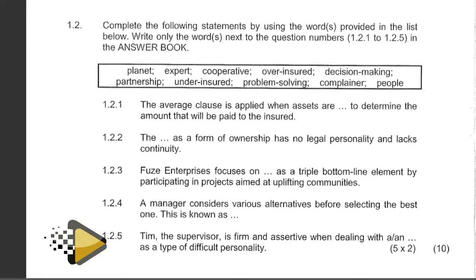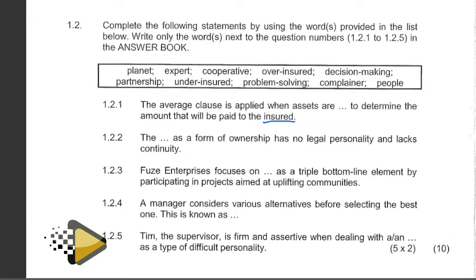So now let's check the first question, which is 1.2.1. It reads as follows. The average clause is applied when assets are dash to determine the amount that will be paid to the insured. If you still remember, the average clause caters for underinsured and overinsured. But given that this is an amount to be paid to the insured, this particular clause caters for underinsured.